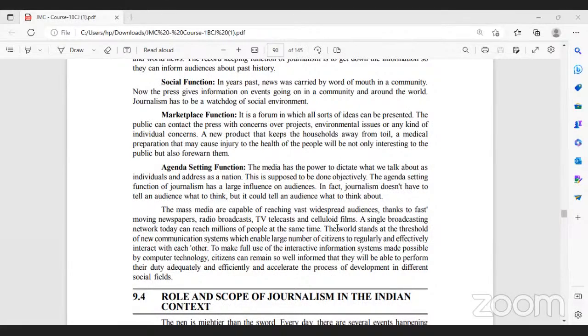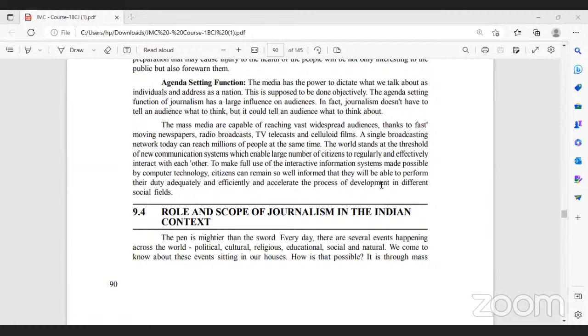Why do we say that the media has an agenda setting function? Because the mass media are capable of reaching vast audiences because of newspapers, technology, broadcast, and films. A single broadcasting network can reach millions of people.